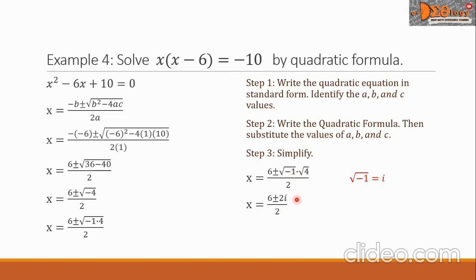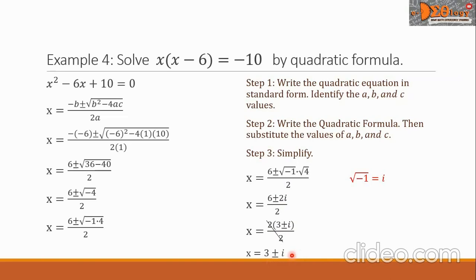And then in the numerator, there is a common factor which is 2. We can factor out that 2, so we have 2 times the quantity, the 6 becomes 3, then plus and minus, the 2i is now left with i, all over the denominator 2. So the numerator 2 and the denominator 2 will cancel each other. So we are left with the value x equals 3 plus and minus i.